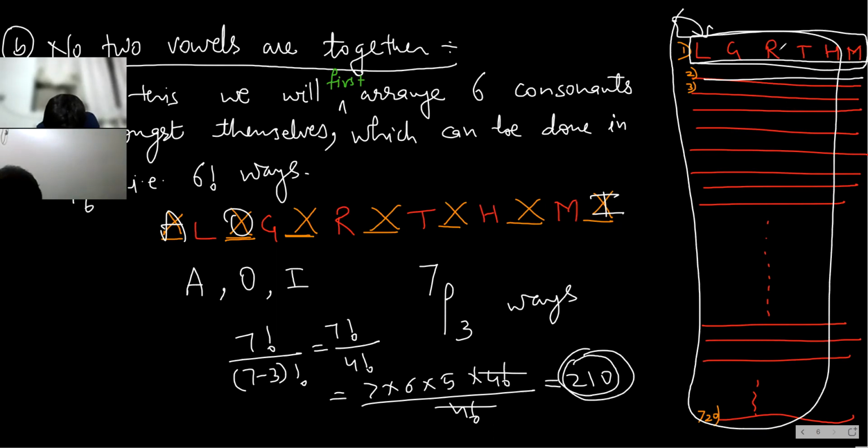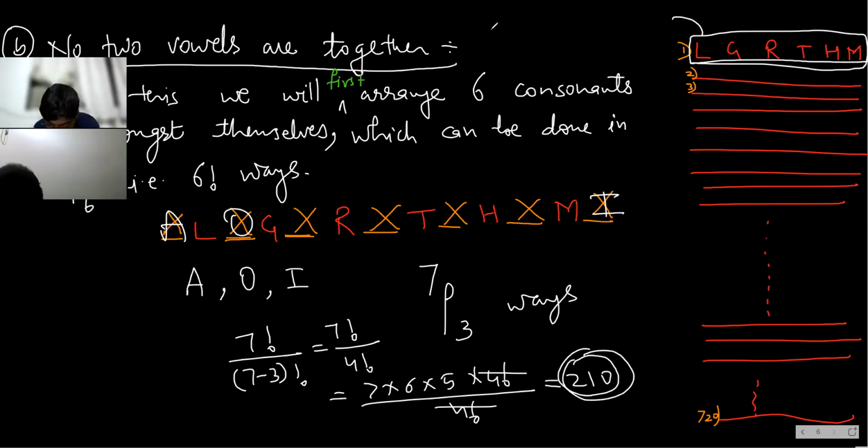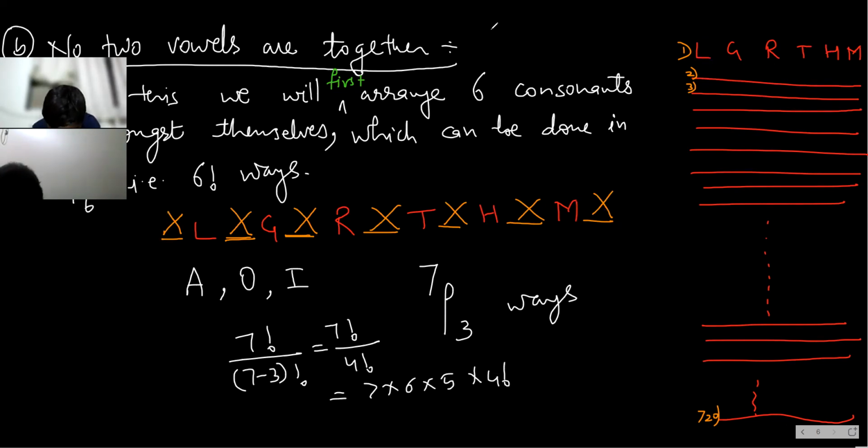And then after this, when this thing can be done in any one of the 720 ways, I can do another thing in 210 ways. So both the things, one after the other, can be done in how many ways? It can be done in 720 into 210 ways.